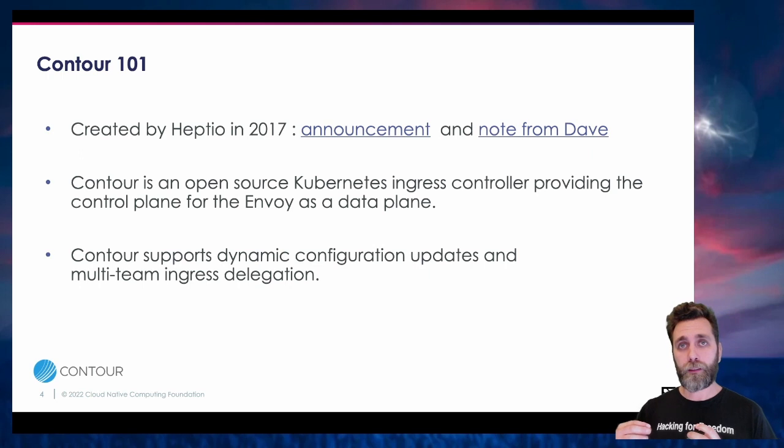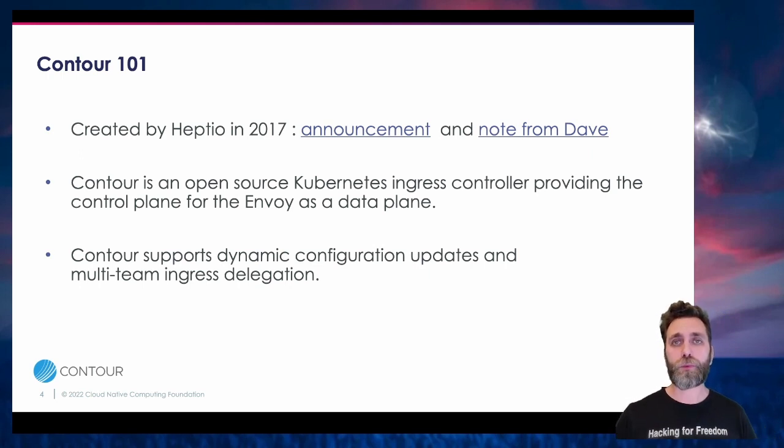In its essence, it's a controller, which means it's not doing the actual networking, but rather controlling the Envoy, and we use Envoy as the data plane for the traffic. So with Envoy and Contour, we support dynamic configuration updates, which means we don't need to restart anything. And in essence, Contour was designed to accommodate multi-team, multi-tenancy. So everything is around multi-tenancy in general.